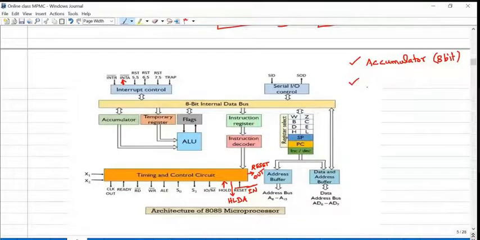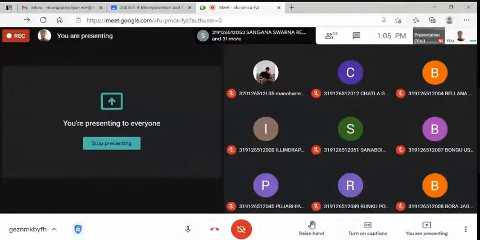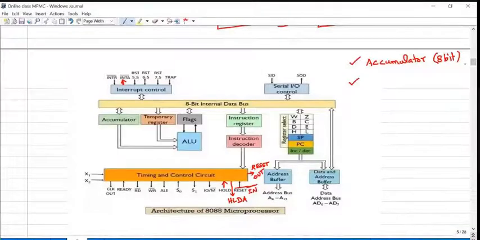To perform any arithmetic and logical operation, one data has to be moved into the accumulator, and the result of the arithmetic and logical operation will be saved in the accumulator register only. The ALU performs various arithmetic and logical operations like addition, subtraction, logical AND, OR, NOT, etc. The result is finally stored in the accumulator.